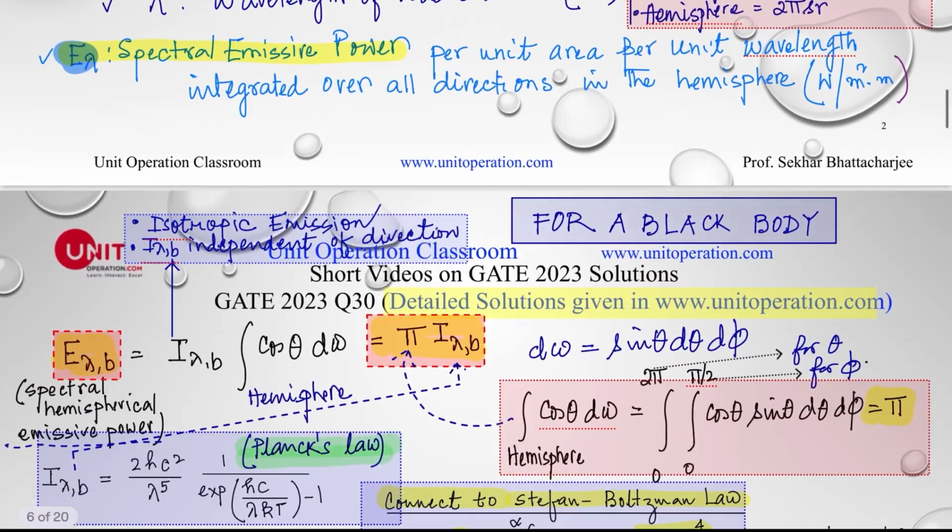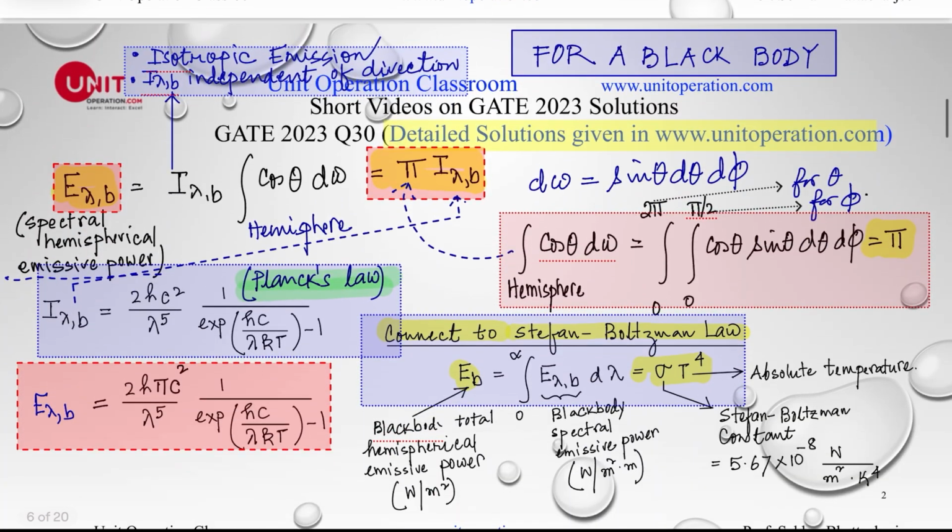Now let's quickly look into it. As we said, E lambda B, if we assume I lambda B given by Planck's law is isotropic, that means isotropic in emission in all directions, and I lambda B is independent of the direction. So I lambda B can be taken out of the integral of cosine theta d omega.